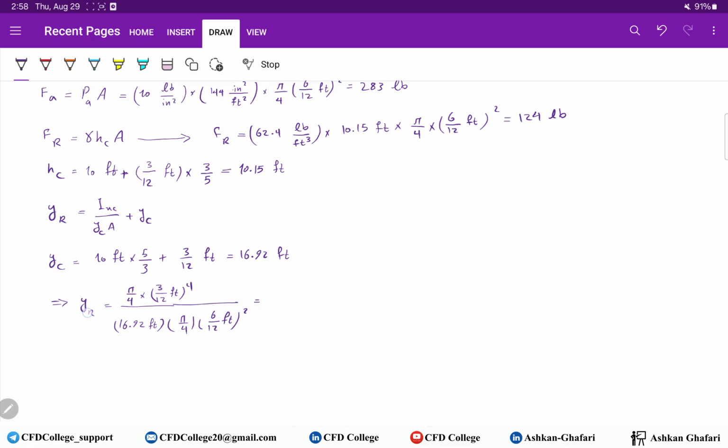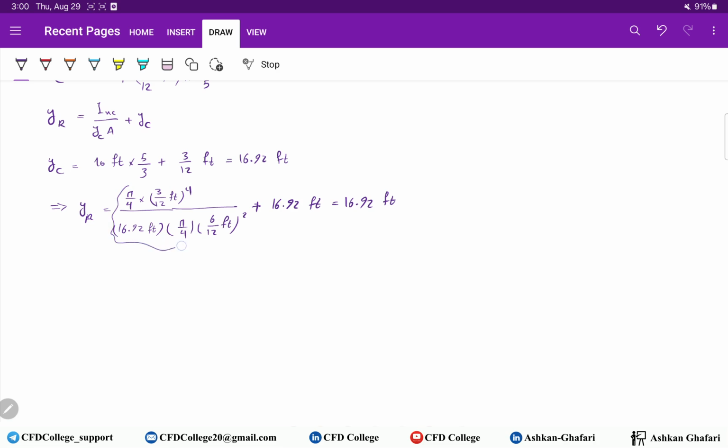So YR equals plus 16.92 feet, which is YC. So YR equals 16.92 feet. If you calculate this value, it's really small, I think near 0.001. So we consider YR as 16.92.